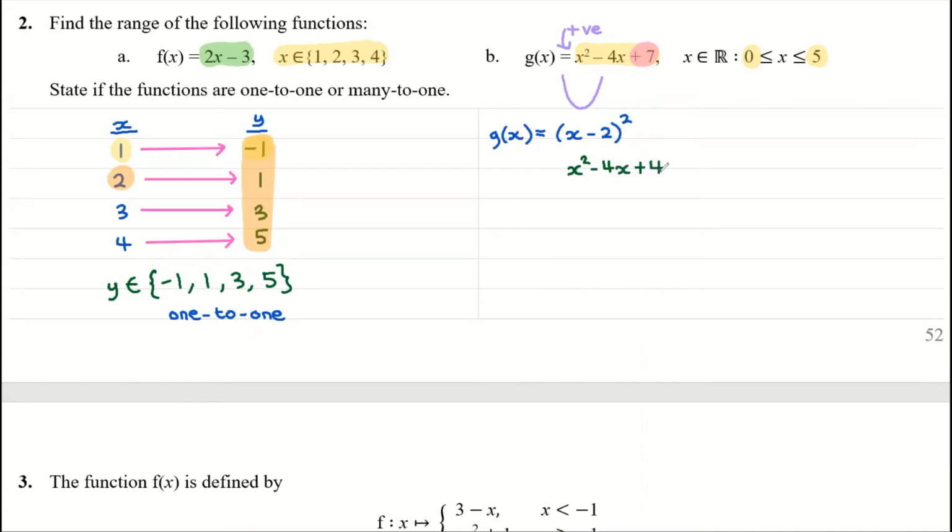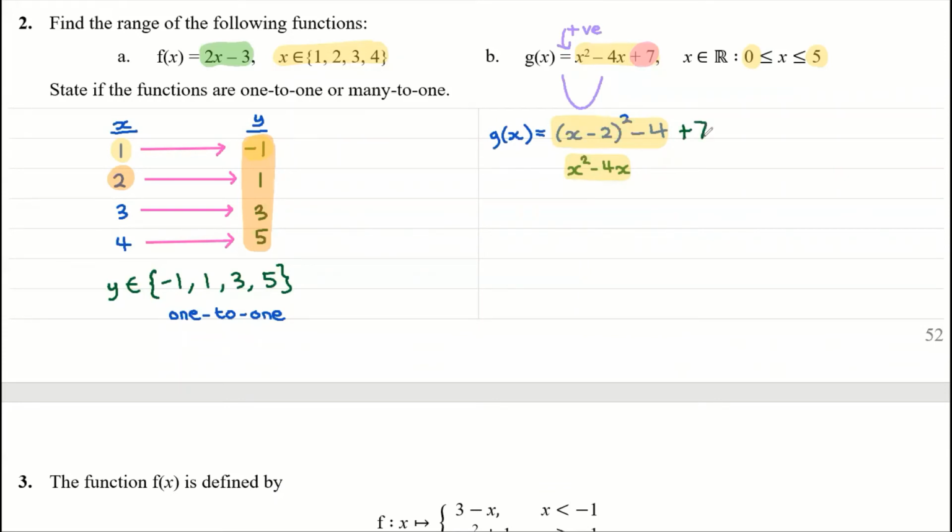I don't want the plus 4, so I'm going to have to subtract that 4. What I've just written down in completed squared form is exactly the same as this. So we've constructed the first two terms of the quadratic. All we need to do now is add 7.